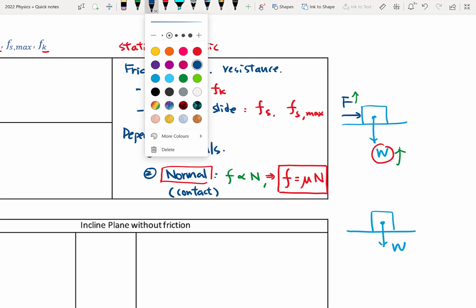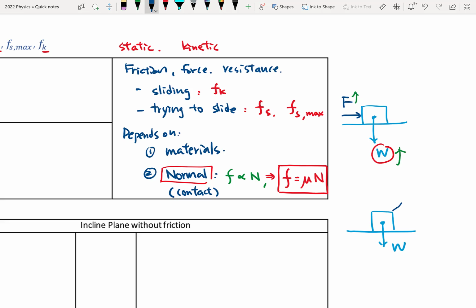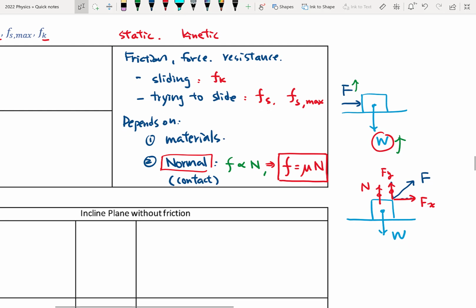If you pull the object this way, this is your force, and you provide some x-direction component and a y component upwards, so you make N smaller, because Fy plus N together equals W. So the normal force is smaller than the weight.